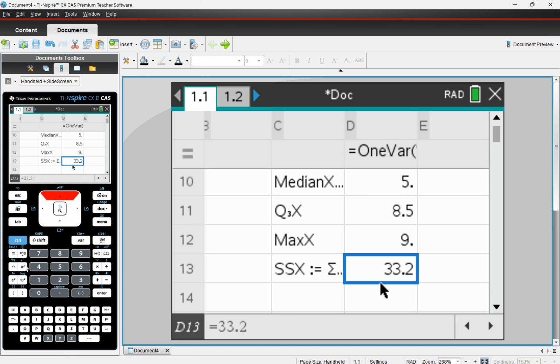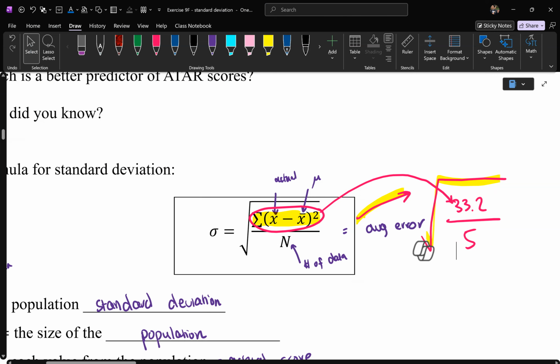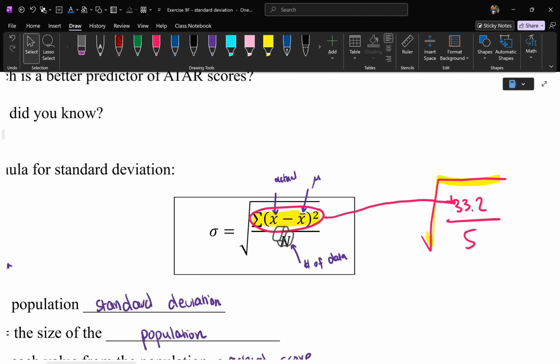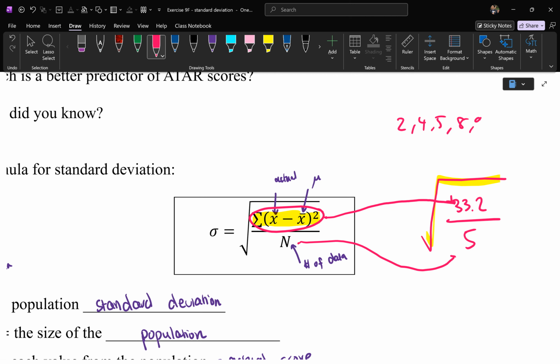So average error is 33.2, and that's what I just did there. So I just showed you average error is 33.2. Divide by number of data. I have 5 data. 2, 4, 5, 8, and 9. Square root that. That's how you get your standard deviation.